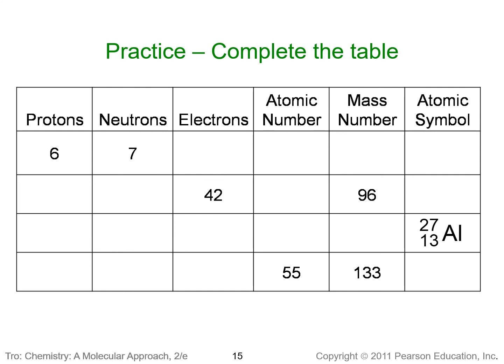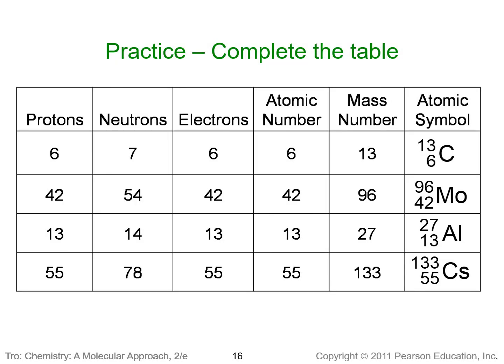Pause the video and see if you can complete this table. Remember, atomic number is equal to the number of protons. Mass number is the protons plus the neutrons.